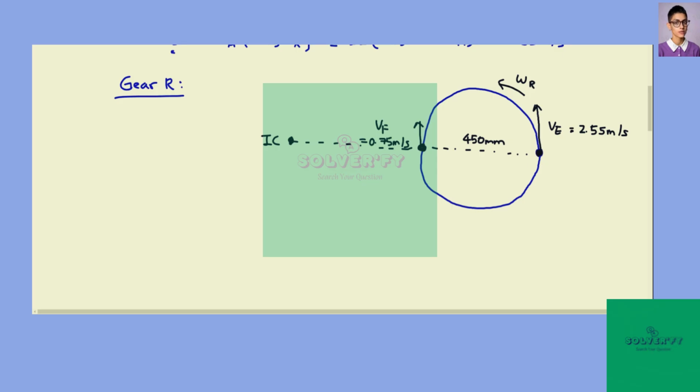So I'm going to call this distance x prime, for gear R. Then using similar triangles again, we have x prime divided by 0.75 is equal to x prime plus 0.45 divided by 2.55.